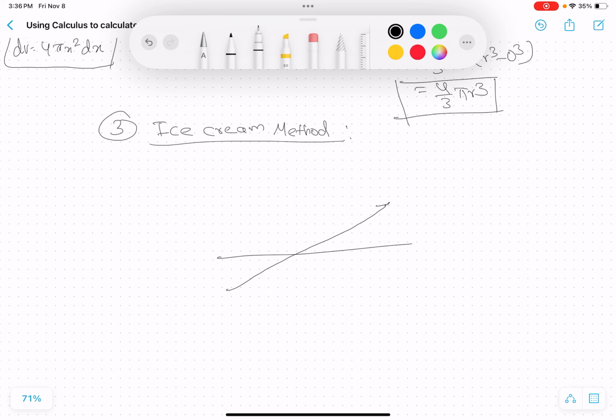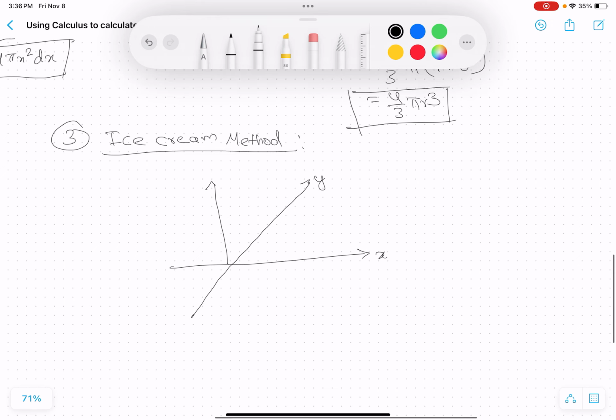Every point in 3D, let's say some point over here, in an xyz coordinate system we would describe by its x coordinate, its y coordinate, and its z coordinate, right?